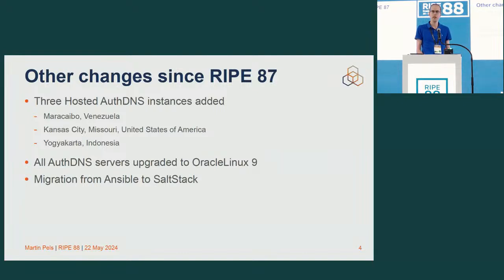So we have upgraded all of our auth-DNS instances to Oracle Linux 9, and in the process also migrated them from Ansible as a configuration management system to SaltStack. We still have a few backend systems to take care of, but the DNS servers themselves are all Oracle 9 now.